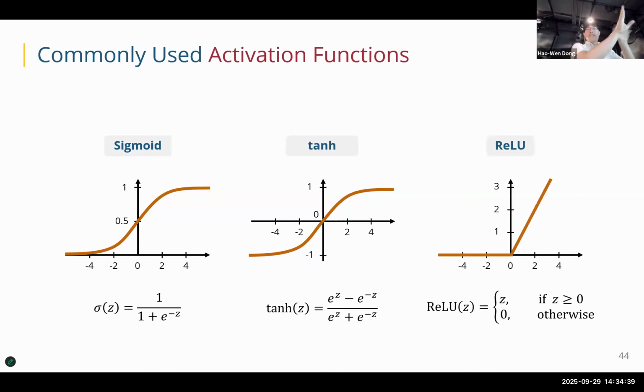You can see they all have a similar kind of shape, where there's somewhere flat and somewhere with some slope. For sigmoid and hyperbolic tangent, there's another flat region. But for ReLU, you can think of it as just like a sigmoid, but without that flat part again.